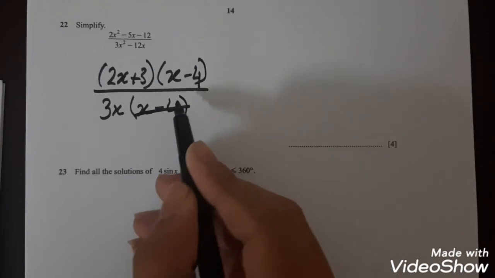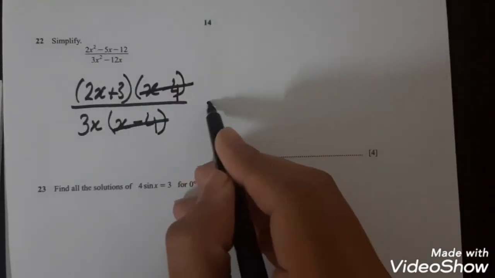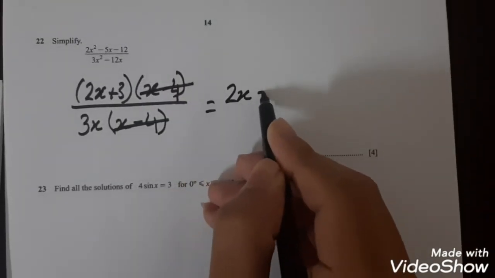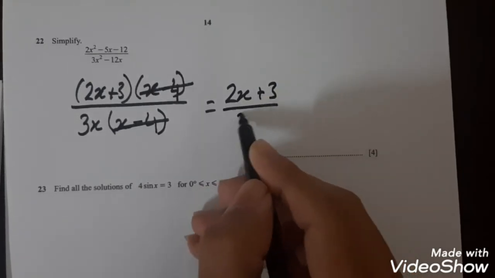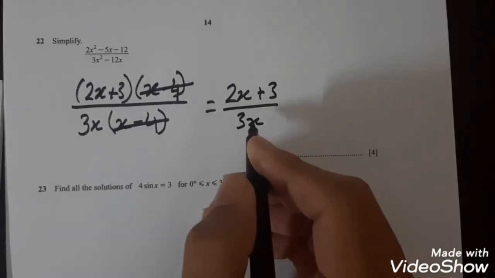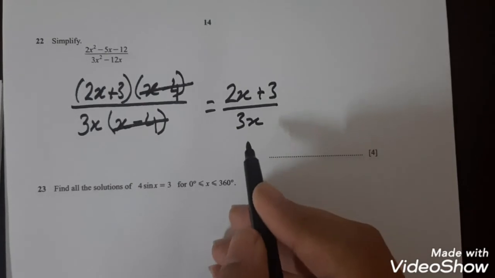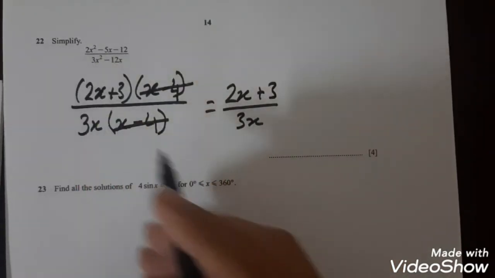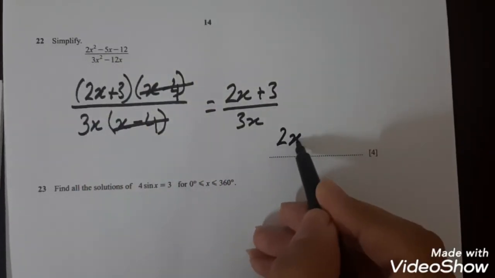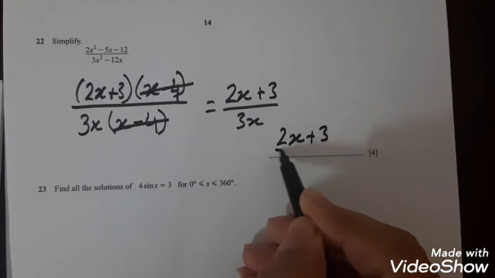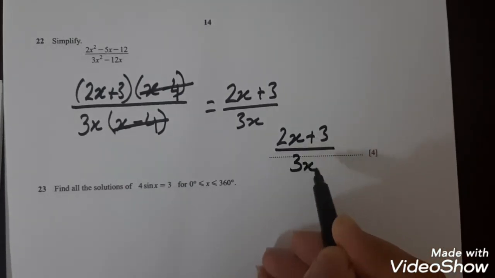Then we will cancel out x minus 4, and there will be 2x plus 3 divided by 3x. So the final answer, or the simplification, is 2x plus 3 divided by 3x.